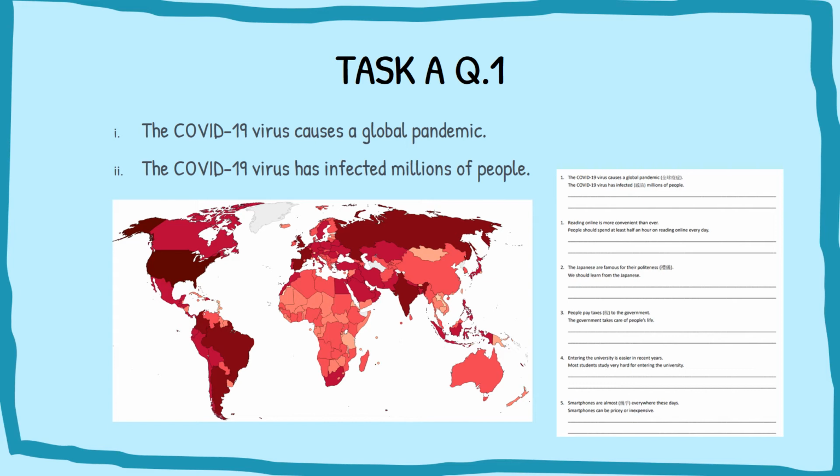Please try your best and combine the 2 sentences into a new sentence. But before I go, one more tip. There are 2 possible answers to question 1. That's all for task A. Next.